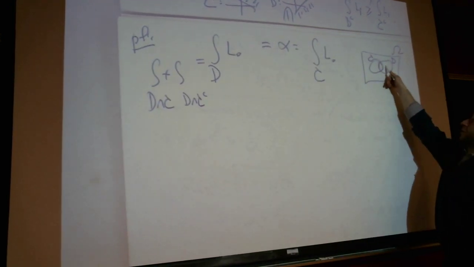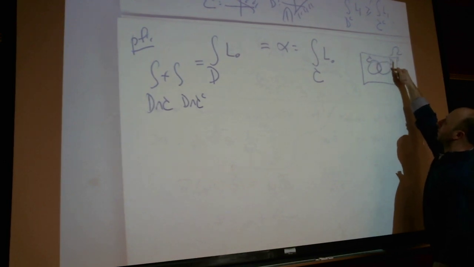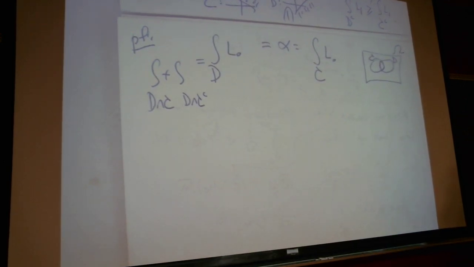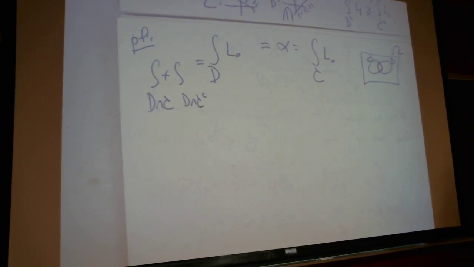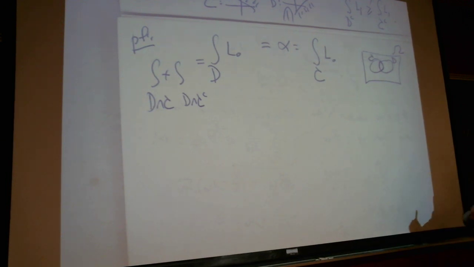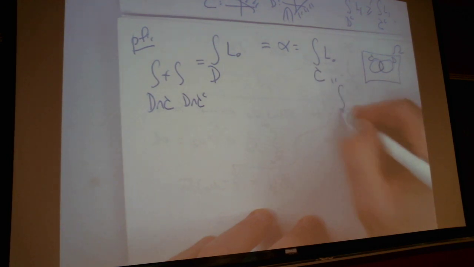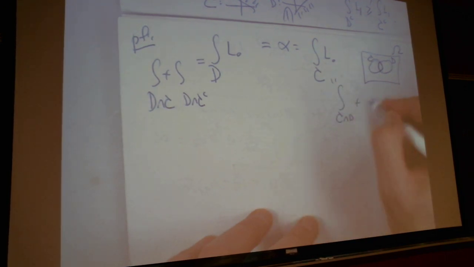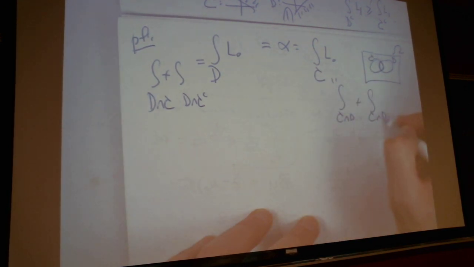And if you add the integrals over these two things, that's the same as just integrating over all of D. For the same reason, I can break the integral on C into the integral on C intersect D plus the integral on C intersect D complement.